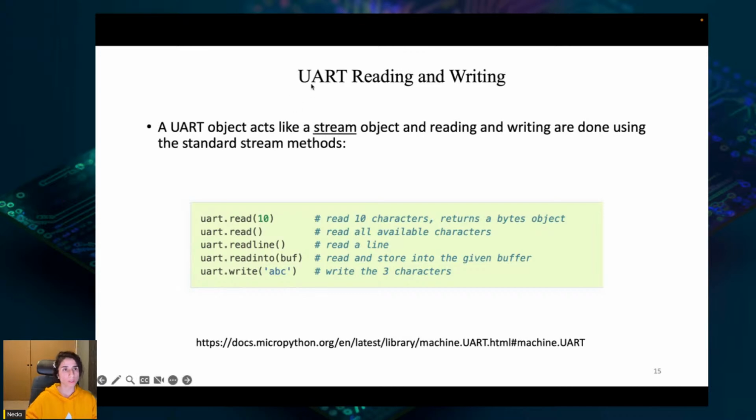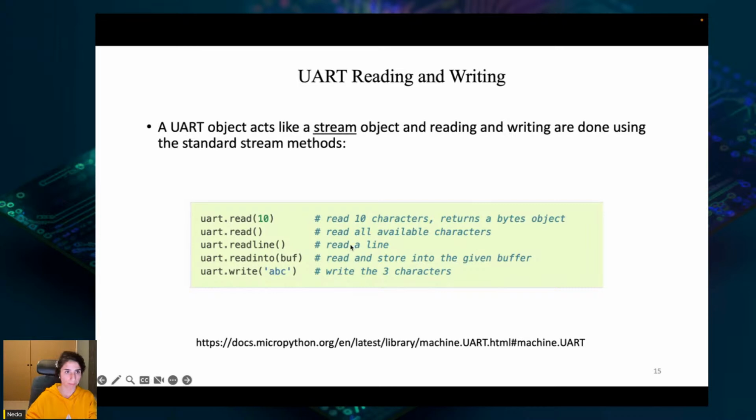But how do we do reading and writing in UART? A UART object acts like a stream object, and reading and writing are done using the standard stream methods. For example, UART.read(10) reads 10 characters and returns a bytes object. UART.read() reads all available characters.